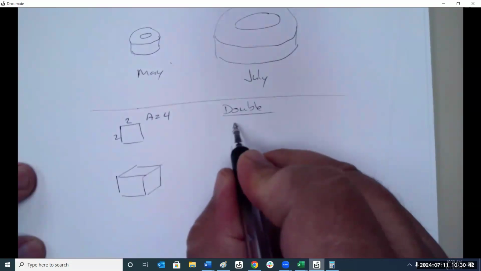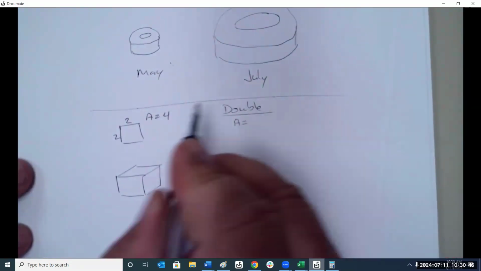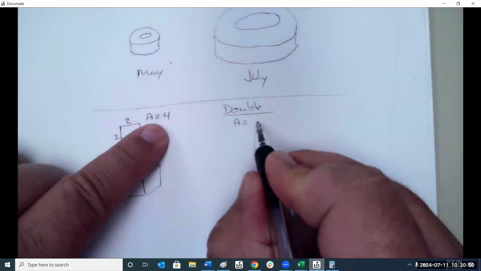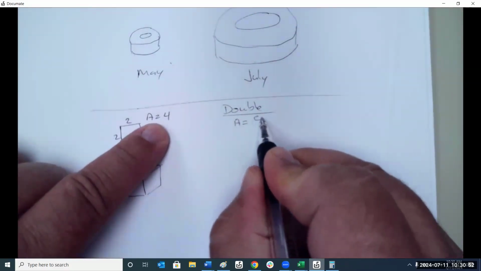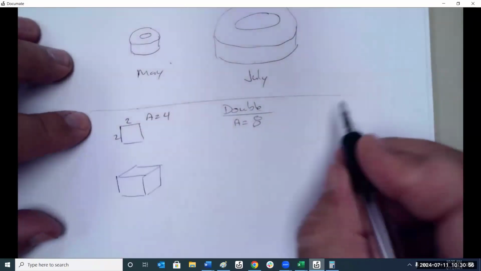It doubles. So what's our area now? If area is 4 here, what would this one be if we double it? It would say 8. But let's look at that.